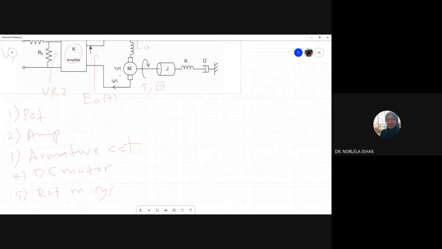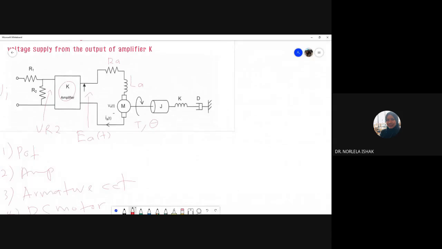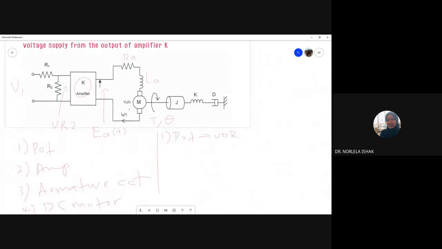So meaning from number 1, okay, number 1 is a potentiometer. So for the potentiometer, we use what? VDR kan? We use voltage divider rules to define the output.